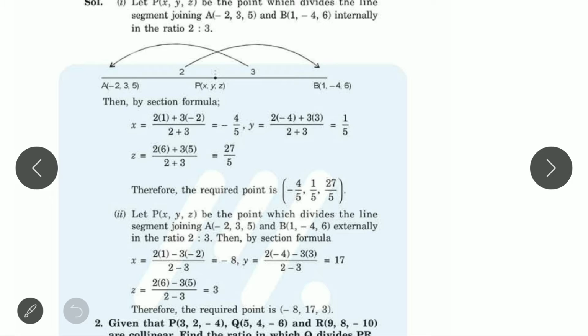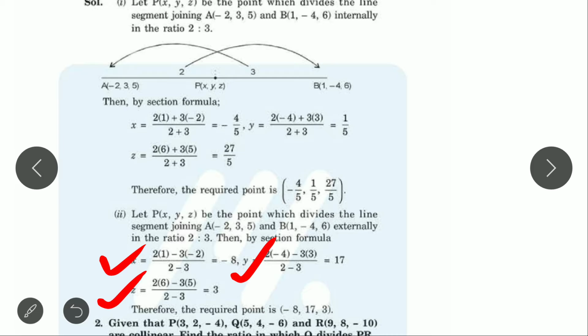So the x coordinate has been found using the formula (mx2 minus nx1) divided by (m minus n), because we are using the external division formula, m minus n, 2 minus 3. In the same way, the y coordinate is (my2 minus ny1) divided by (m minus n). And finally, the z coordinate is obtained using the formula (mz2 minus nz1) divided by (m minus n).